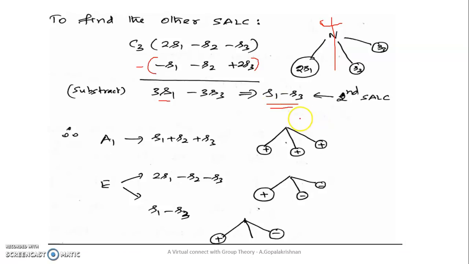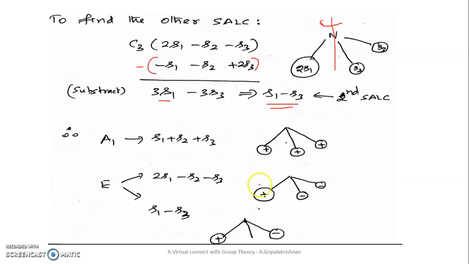So we have found out the 3 SALCs formed by the 3 hydrogen atoms. One is A1, which has the function s1 plus s2 plus s3, and this is the shape of the group orbital. Then in E we have 2 group orbitals. One is 2s1 minus s2 minus s3, the second one is s1 minus s3.